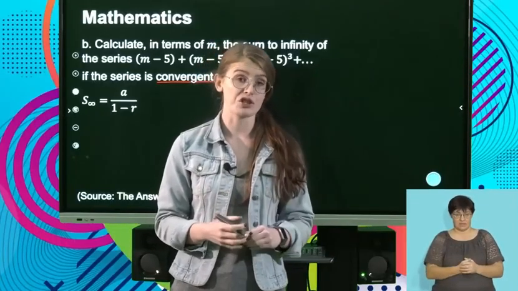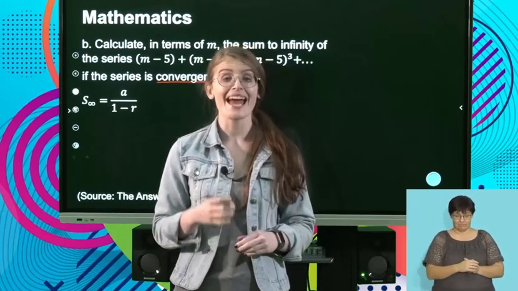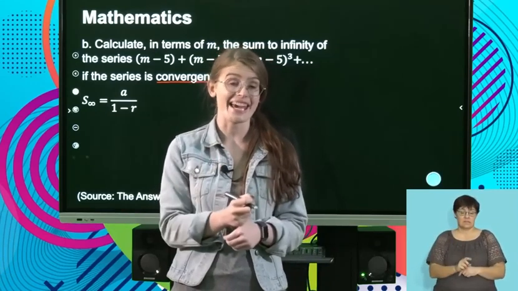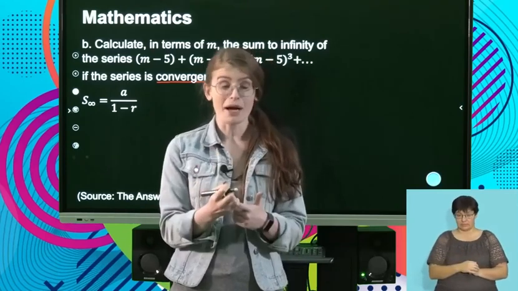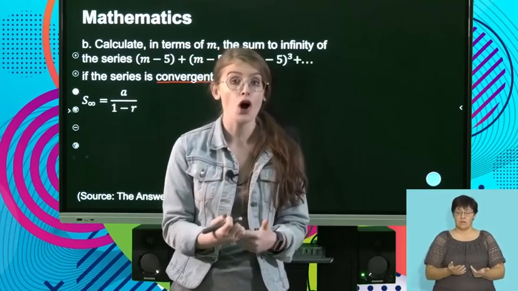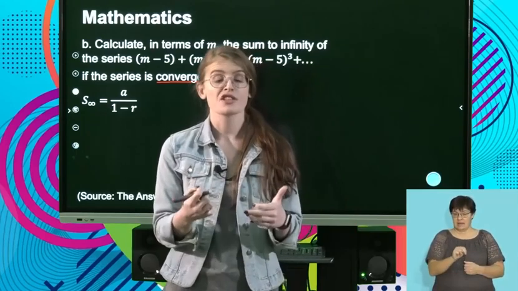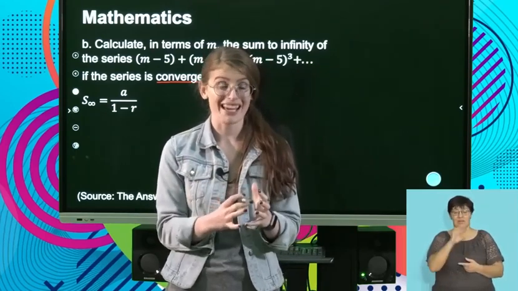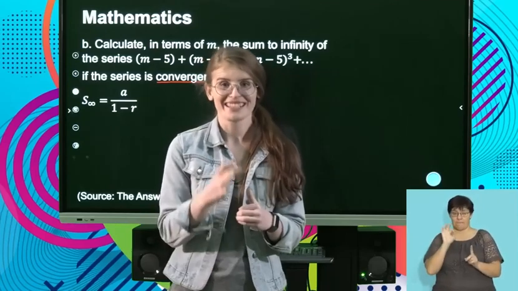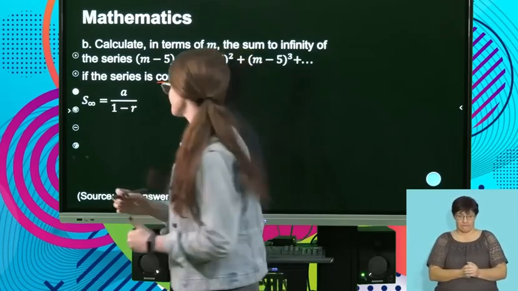In order to substitute into the sum to infinity, I need to have my a present as well as my r. I want my sum to infinity in terms of m. So that means whatever our sum to infinity is, we're going to simplify it in terms of m. Let's go back to the board.